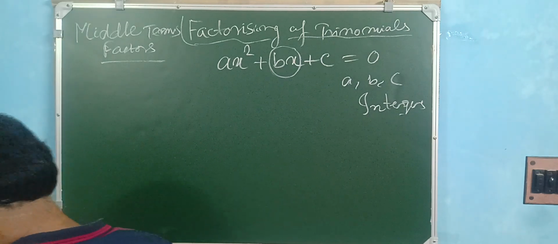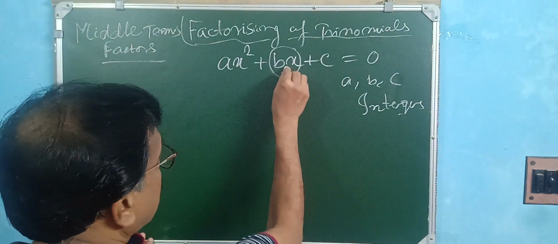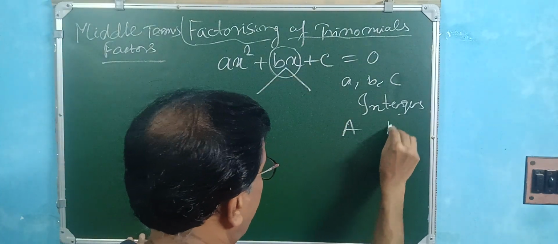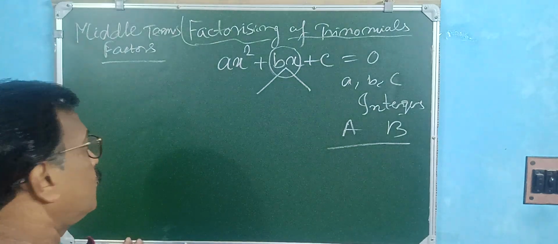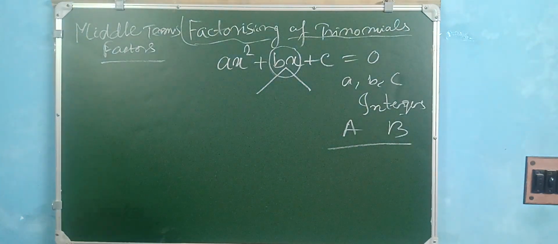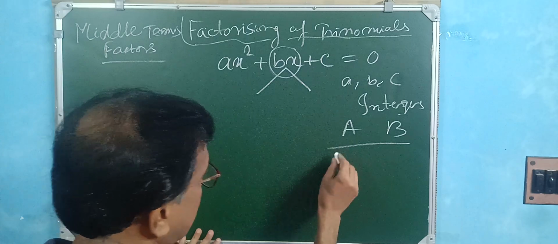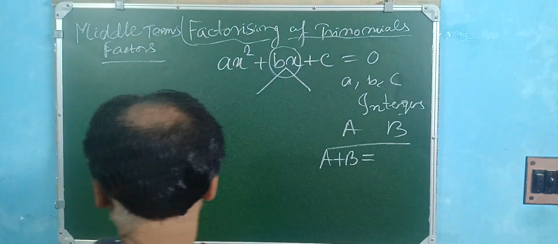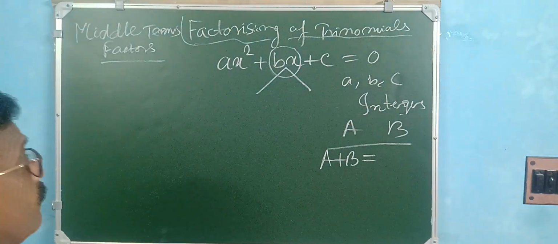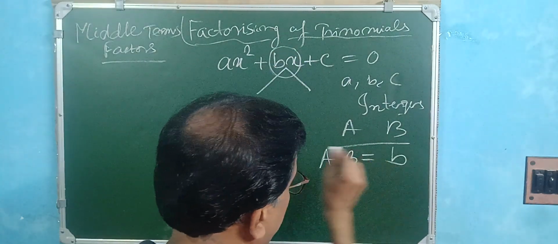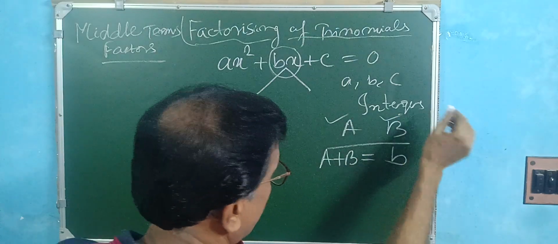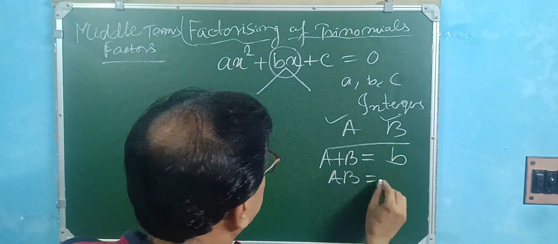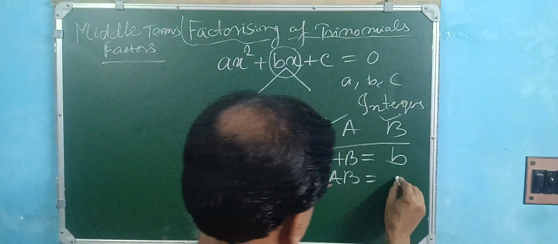Suppose we want to find out, suppose this part is broken in this way into two parts, a and b. Such that a plus b is equal to b, the two numbers, and a into b is equal to a into c.